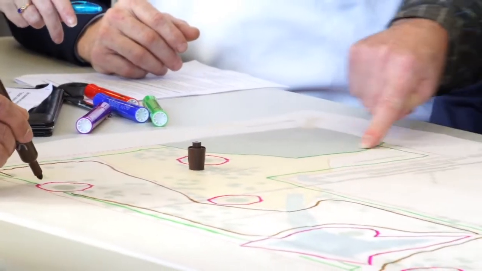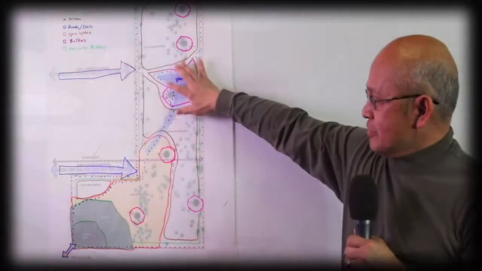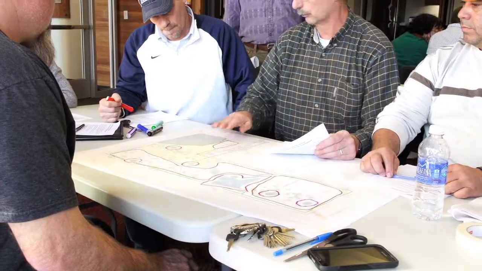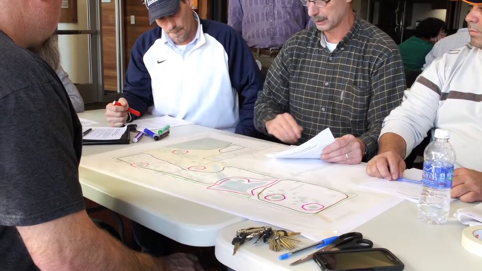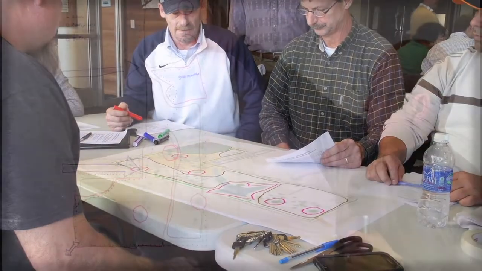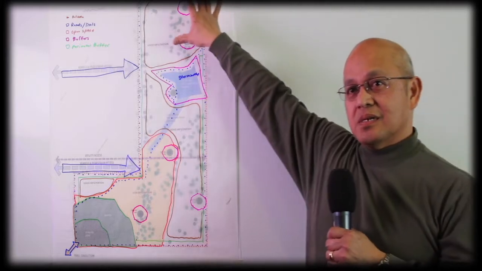What we tried to do here is basically identify the buildable areas, the preserved areas, or the buffer zone areas. And we figured out where there's high infiltration or good infiltration, that's where we're going to build.